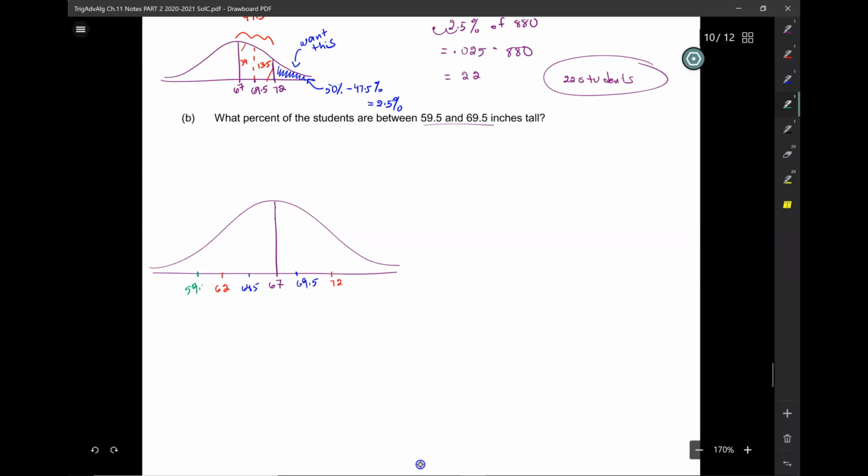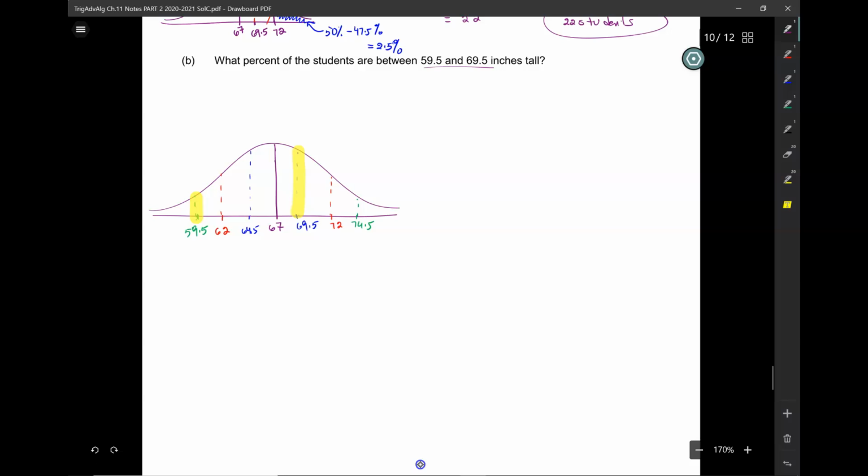So that's 59.5, and this one will be 74.5. If you want to mark the divisions, it's up to you. Here's 1, here's 2, here's 3. What I want is to go from this one to 69.5, this one. So you see how bookkeeping is important, right?